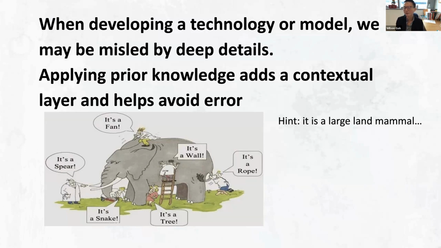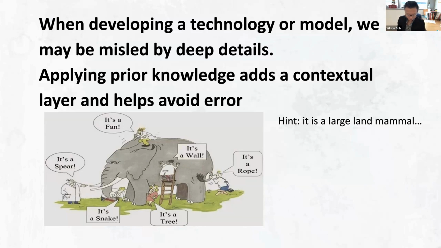Because they're left in the dark, all they have is the immediate information in front of them. And because of that, they each come to various absurd conclusions, none of which is actually the animal involved, which is the elephant.